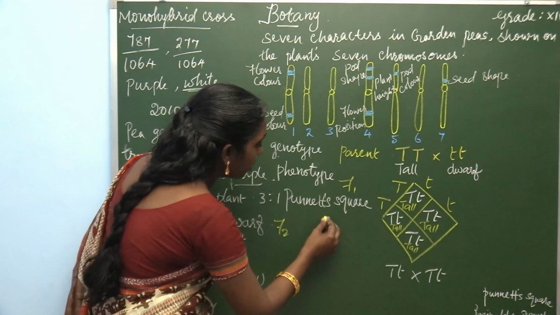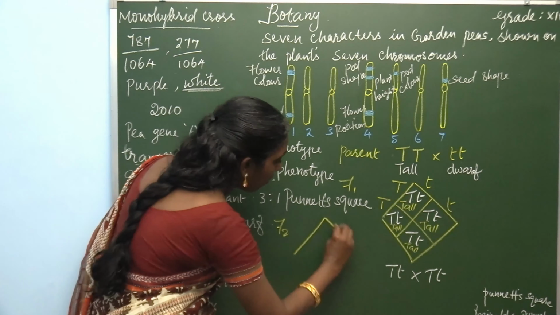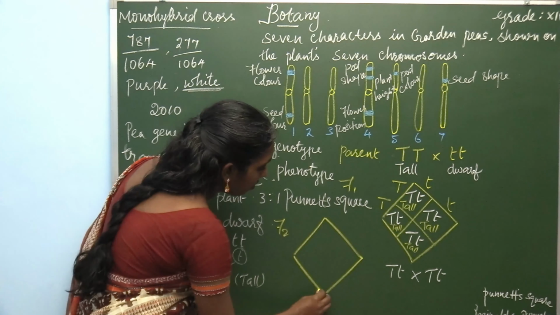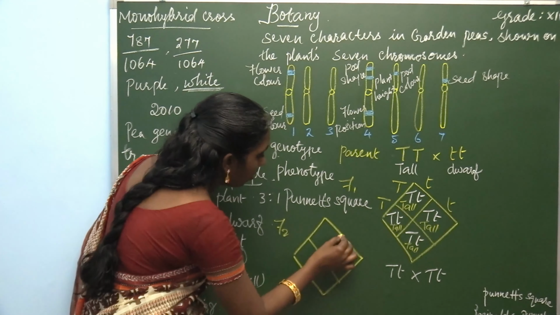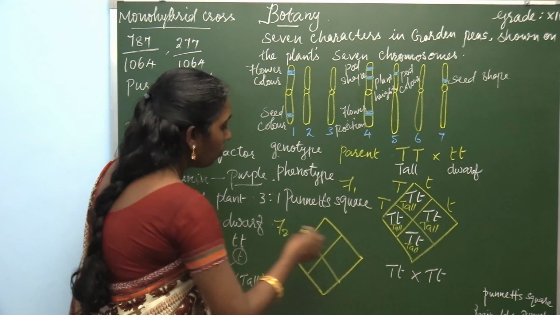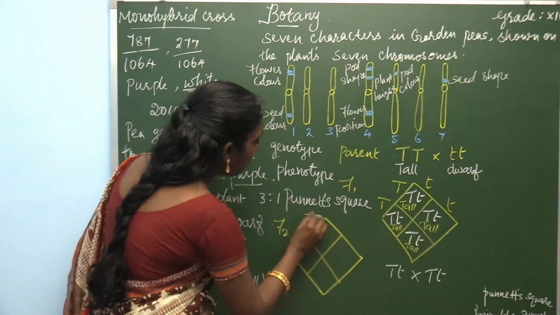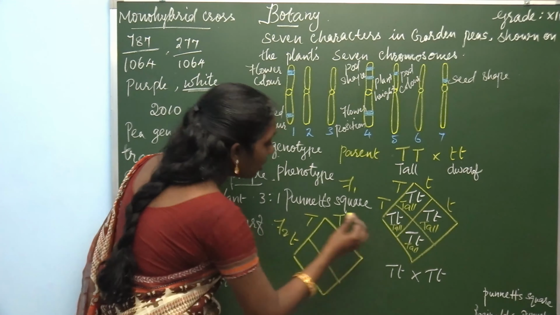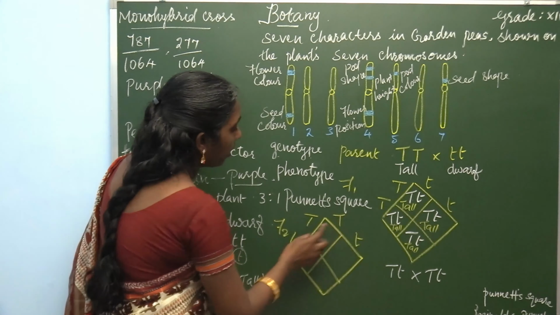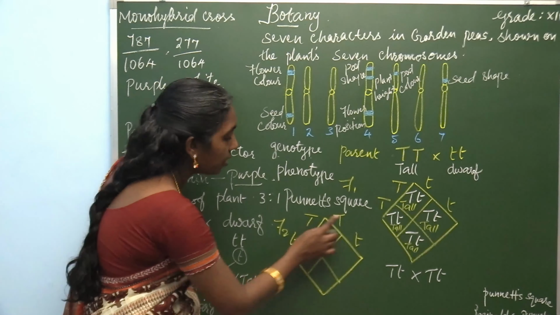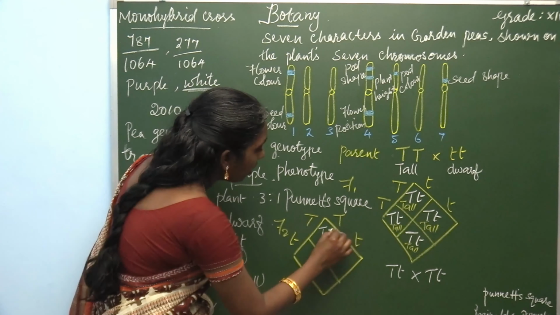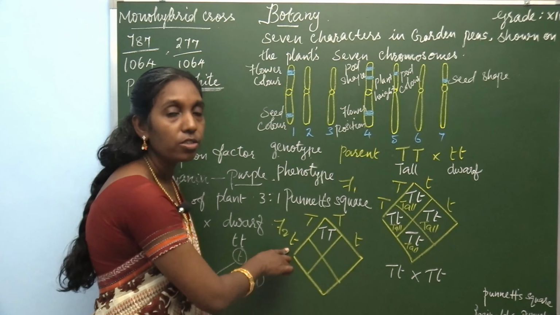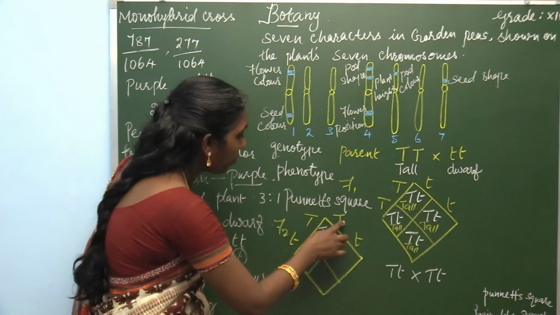Let's see how it gives the ratio in F2. Here one parent is capital T, small t, and the other is capital T, small t. The first offspring is capital T capital T, both alleles dominant, so tall.